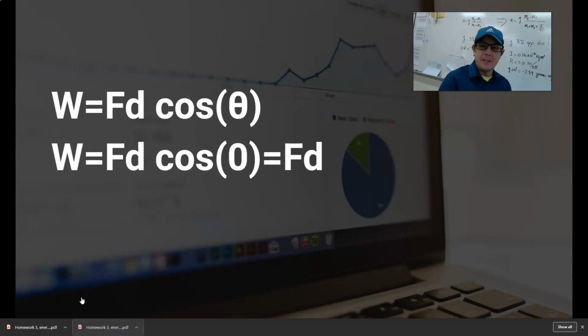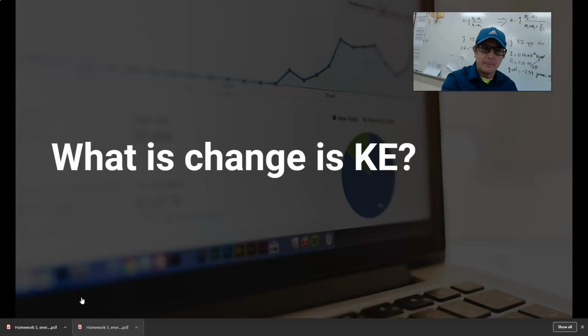In this lab, because it's a crate moving on a surface on the ground, the angle is 0 and the equation simplifies to the force acting on the object, which in this case is just friction, times the displacement of the object before it comes to a stop. What is the change in kinetic energy?